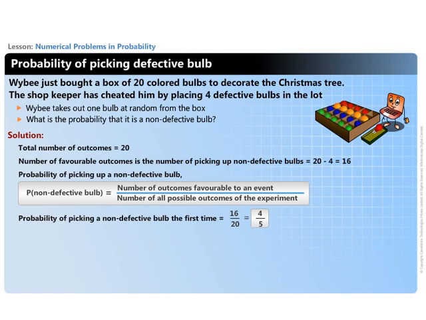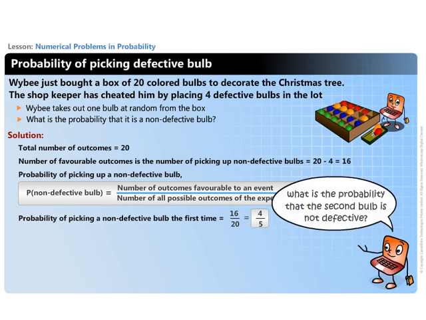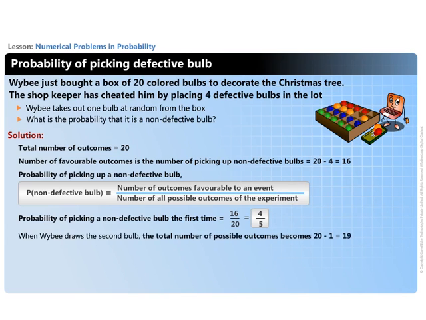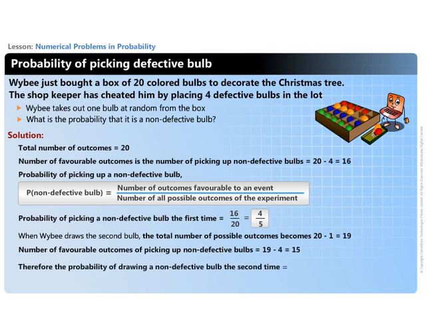Suppose YB does not put this bulb back in the box and takes out another bulb from the box. What is the probability that the second bulb is not defective? When YB draws the second bulb, the total number of possible outcomes becomes 20 minus 1, that is equal to 19, and the number of favorable outcomes of picking up non-defective bulbs is equal to 19 minus 4, which is 15.